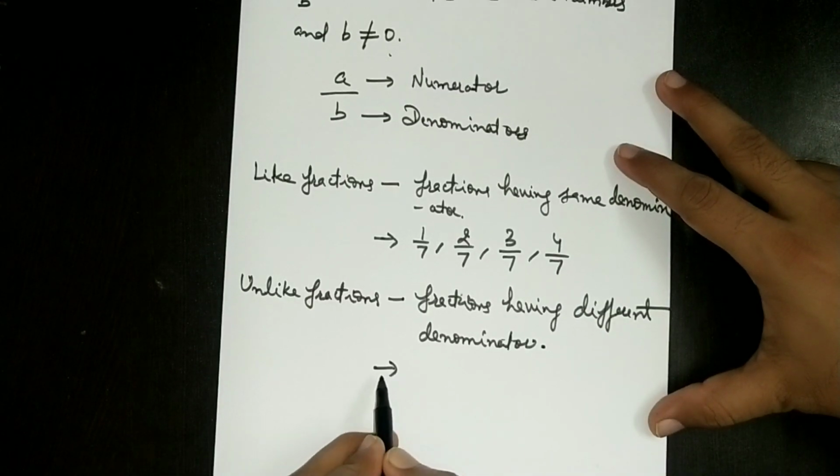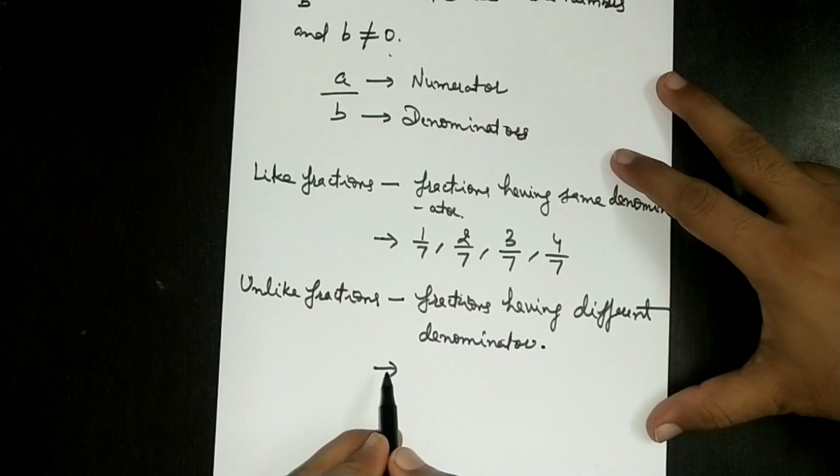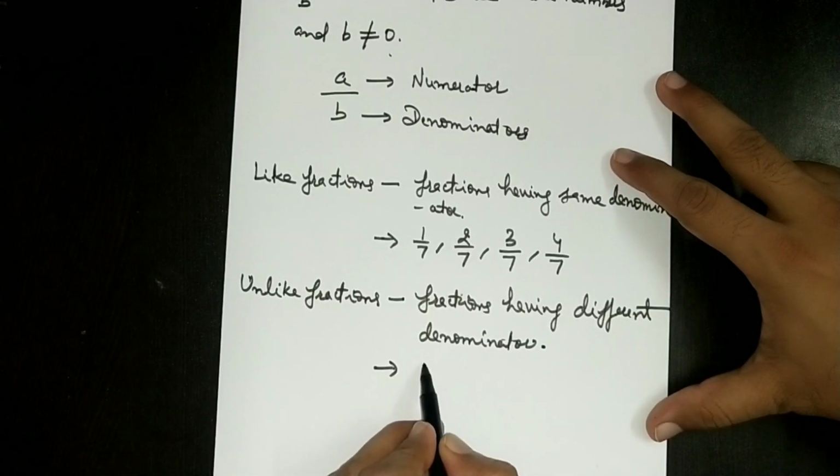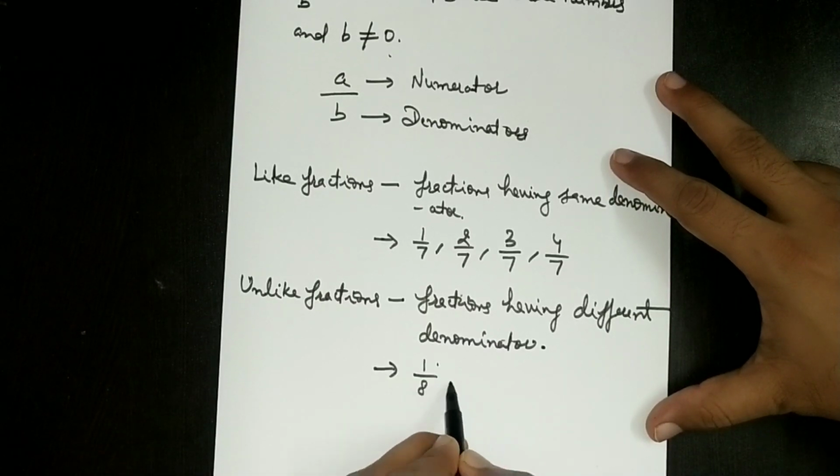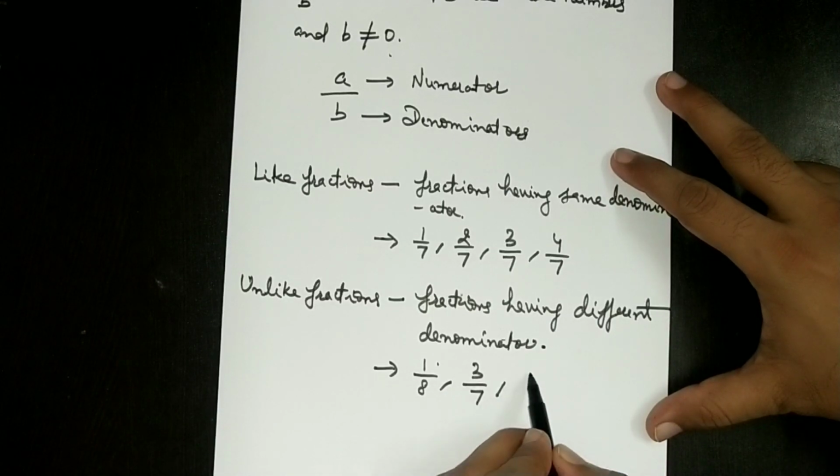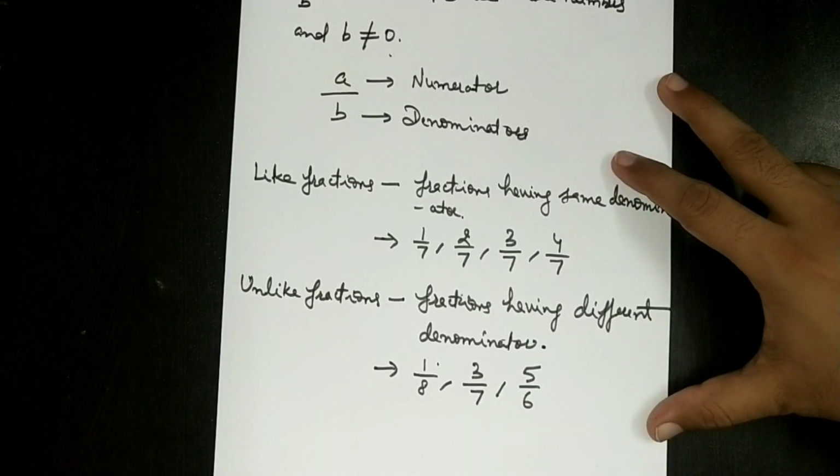We can see examples of unlike fractions also, like 1 by 8, 3 by 7, 5 by 6. Here the denominators are different. So, when denominators are different, the fractions are called unlike fractions.